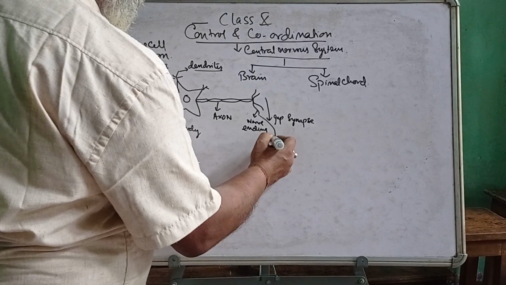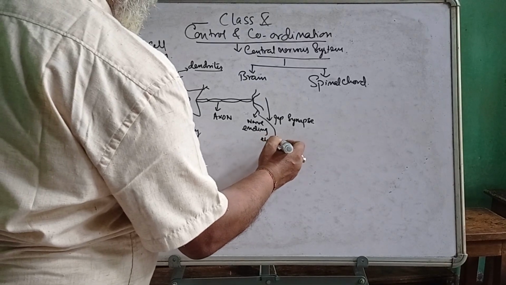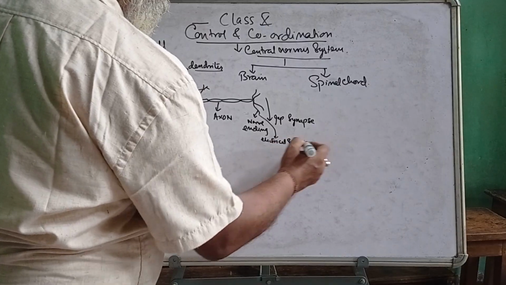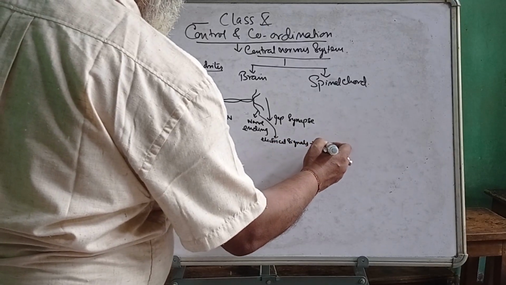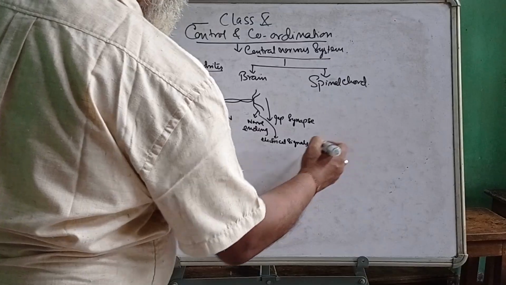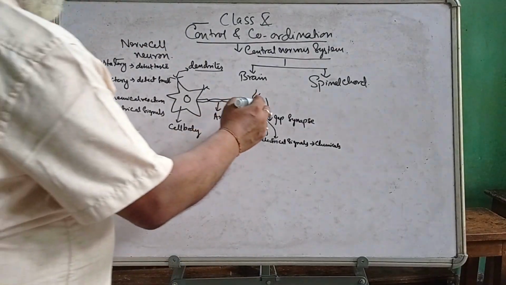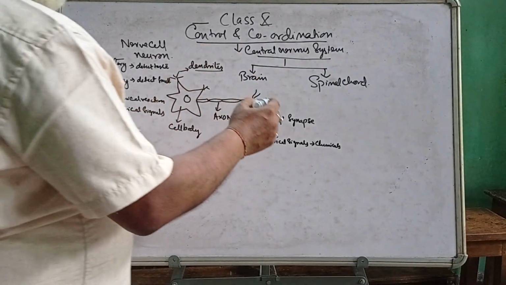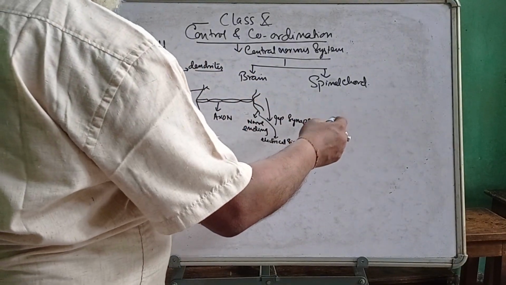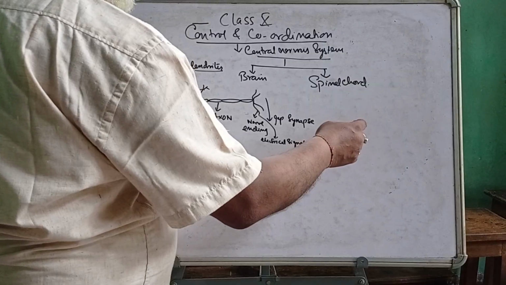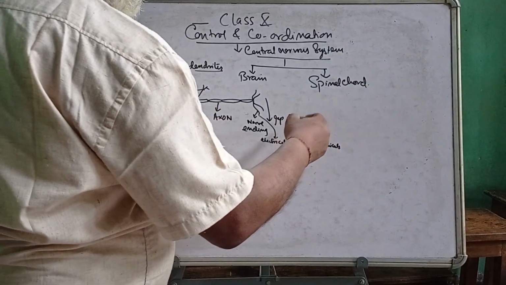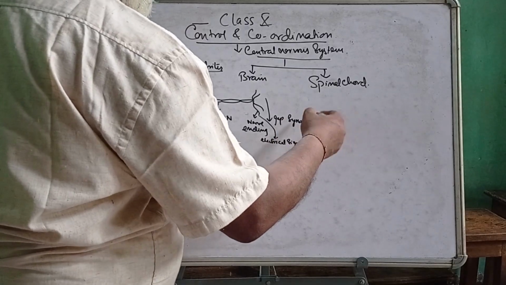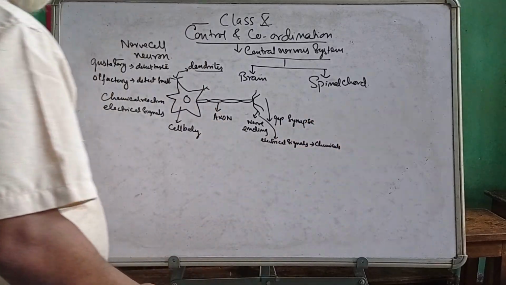And here again these electrical signals are converted to chemicals, and this chemical moves to the second dendrite, and again the same process: electrical signal, and it comes to the nerve ending, and again, crossing the synapse, they move to another nerve cell.